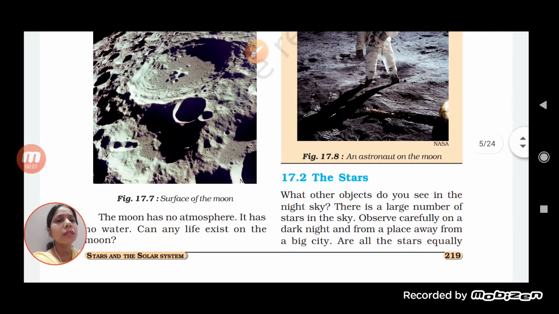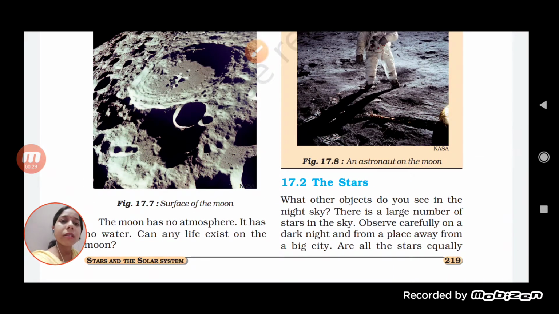We have seen that the surface of the moon consists of a lot of craters. These craters are uneven, meaning their size is not equal. Sometimes it is a very big crater, sometimes a very small crater. The surface is dusty, and there is no atmosphere and no water present on the moon.